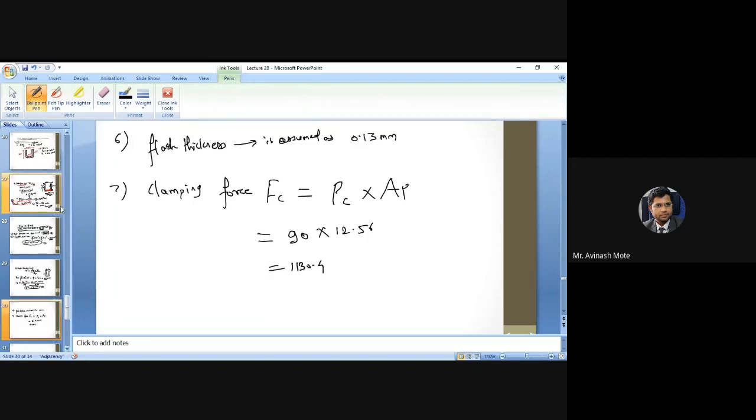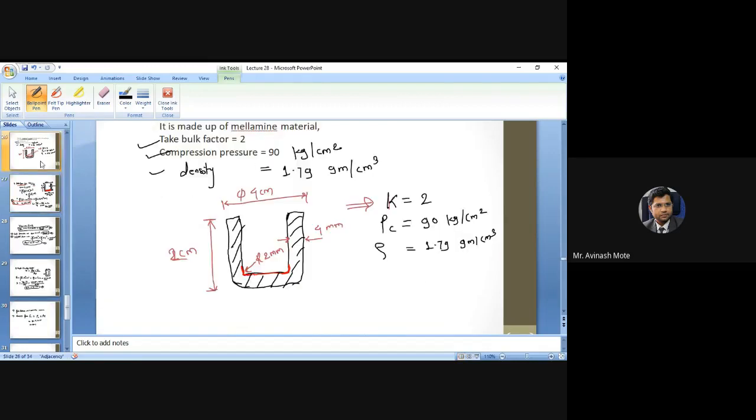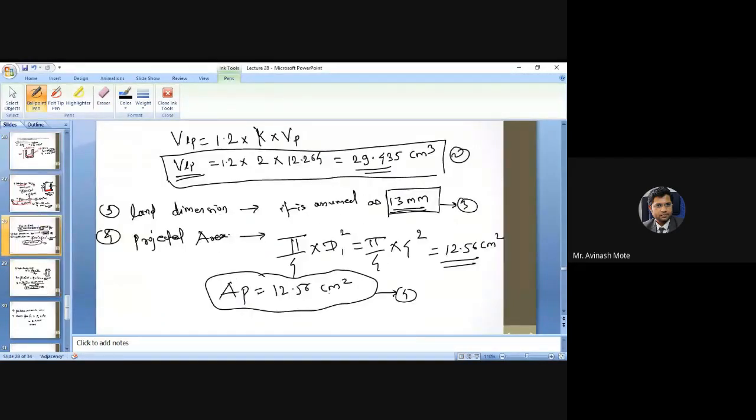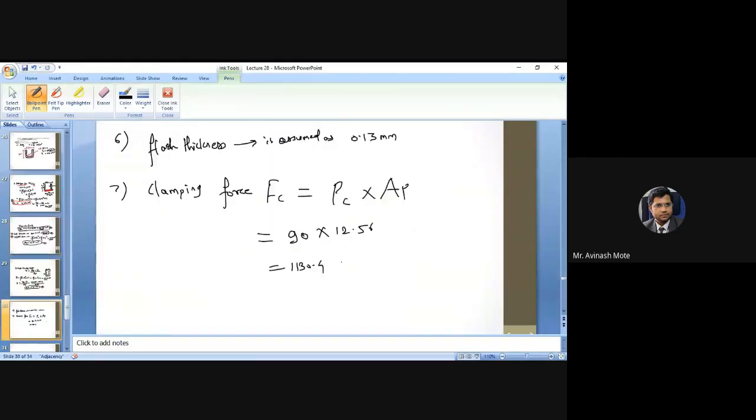Okay, where is the pressure? It is kg per centimeter square, and area is in centimeter square. So centimeter square is cancelled. It will be kg. Okay, force will be kg. Okay, don't get confused with units. Okay, CGS system is used here. Okay, so clamping force is also over.